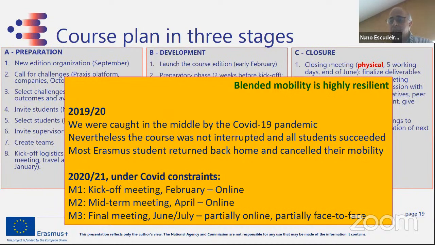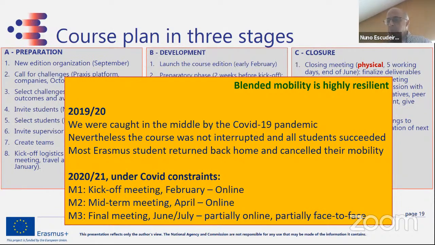So in 2019-2020, we had the kickoff meeting in February in Ghent. It was face-to-face. It was, in fact, the last trip I did before the lockdown. And we had all the students together. But then immediately after that, the COVID lockdown arose, and we had to do all the rest of the course online.